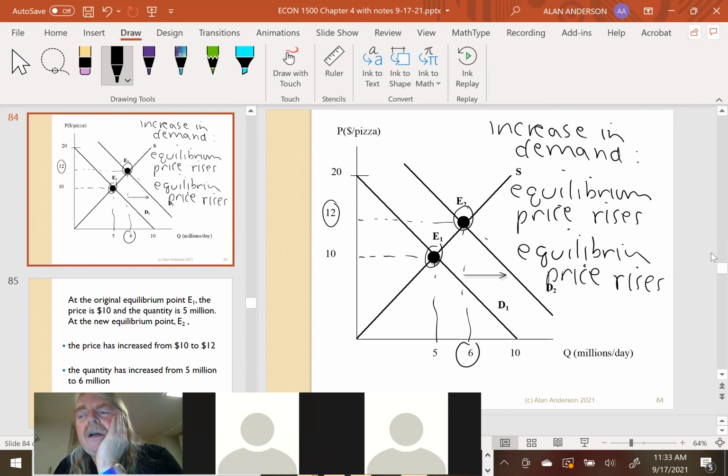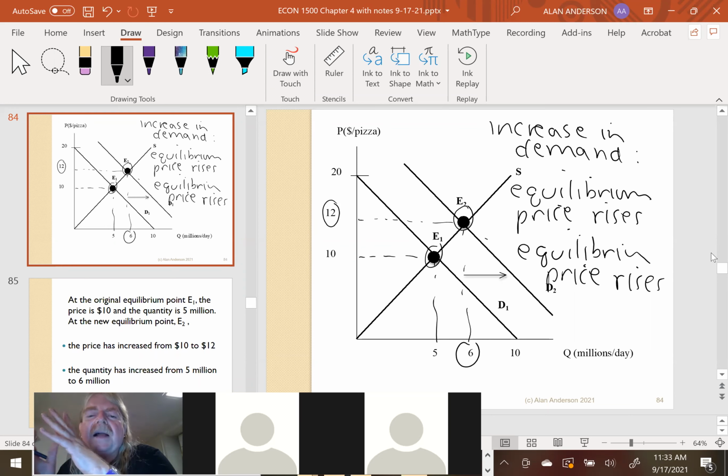So we want more pizzas. Let's say our incomes went up, we want more pizzas. Now the supply hasn't changed. The ability of the pizzerias to produce pizza hasn't changed. So we can do this. But imagine all the pizzerias, what do they have to do to make more pizzas? They have to buy more supplies, they have to hire more workers, they have to stay open later hours. So their cost of production will start to go up.